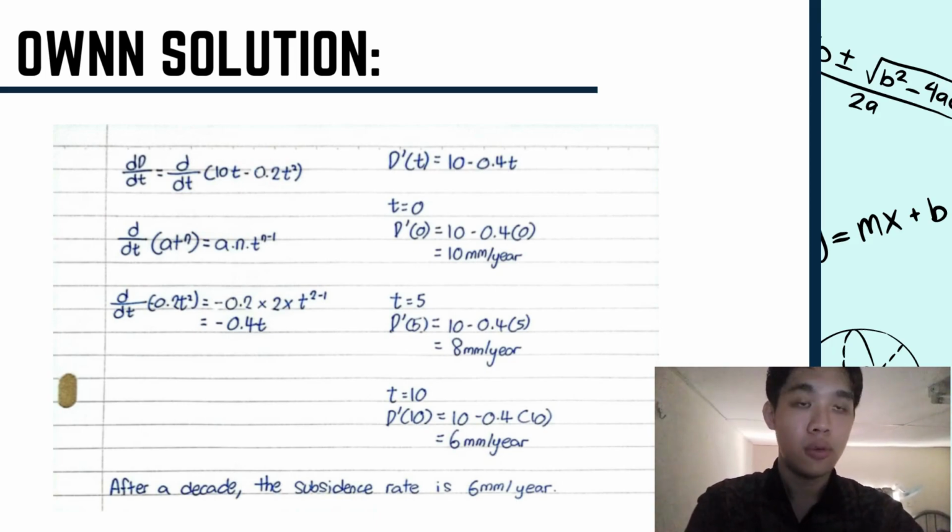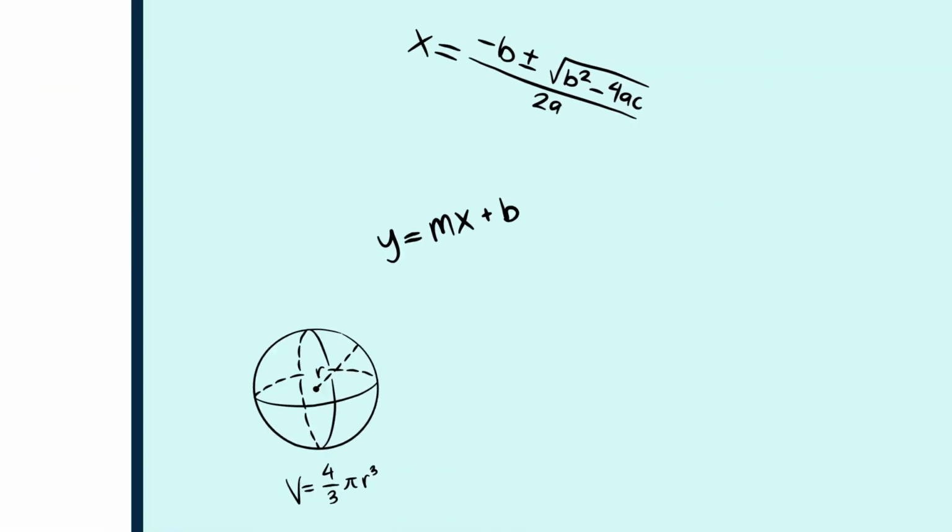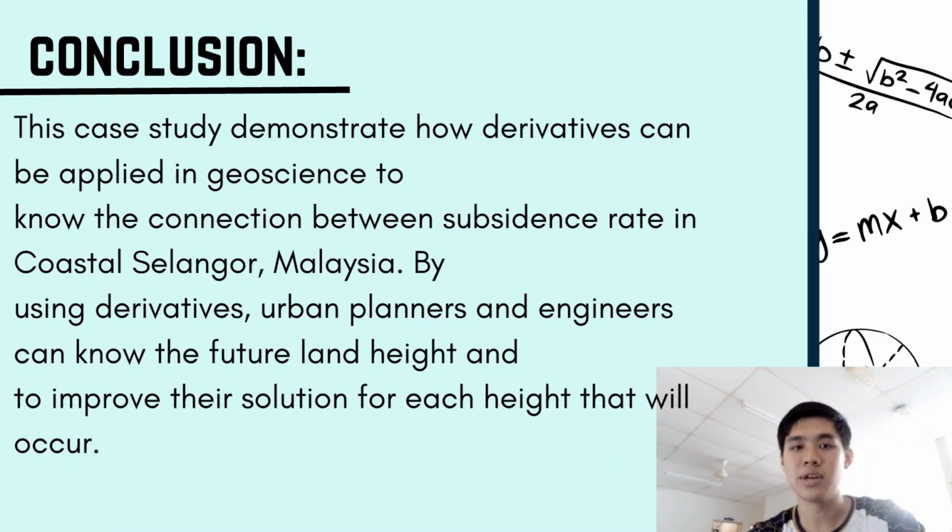So we need to divide into 3 parts, such as part 1 is the baseline, which is 0, part 2 is 5 years, part 3 is 10 years, and for the 0 we got 10 millimeters per year, the 5 is 8 millimeters per year, and 10 is 6 millimeters per year, which is exactly the same as the answer ChatGPT showed.